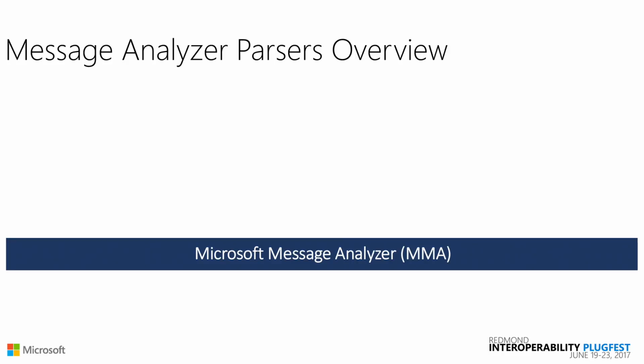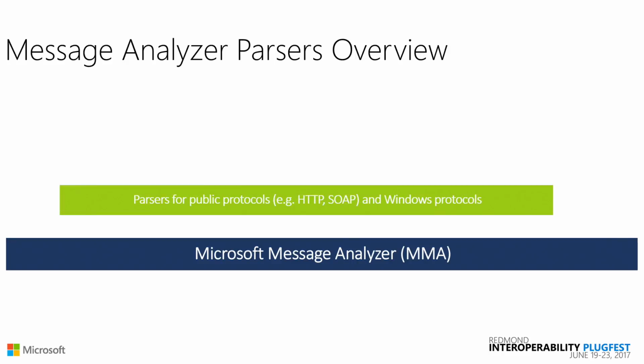In the underlying layer, you will see message and later, and on top of that are the parsers for public protocols. We are very familiar with TCP, HTTP, IPv4, IPv6, also including some FTP or RTP or SOAP, and some core Windows protocols as well, like remote desktop.